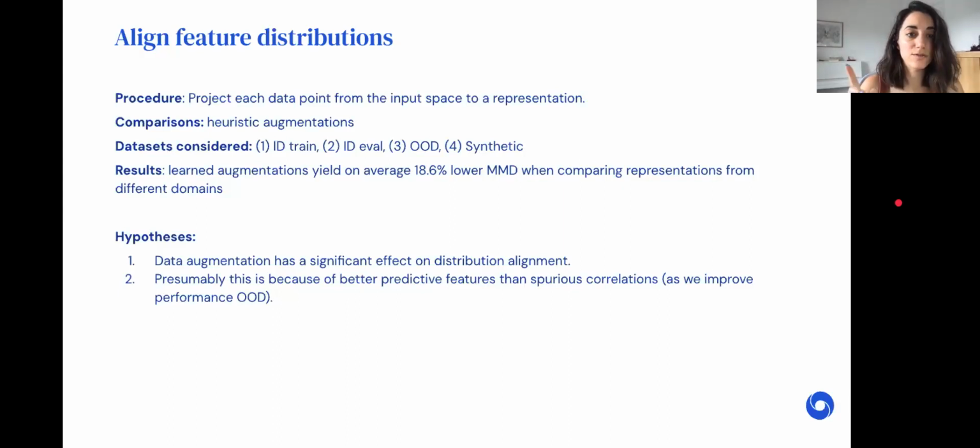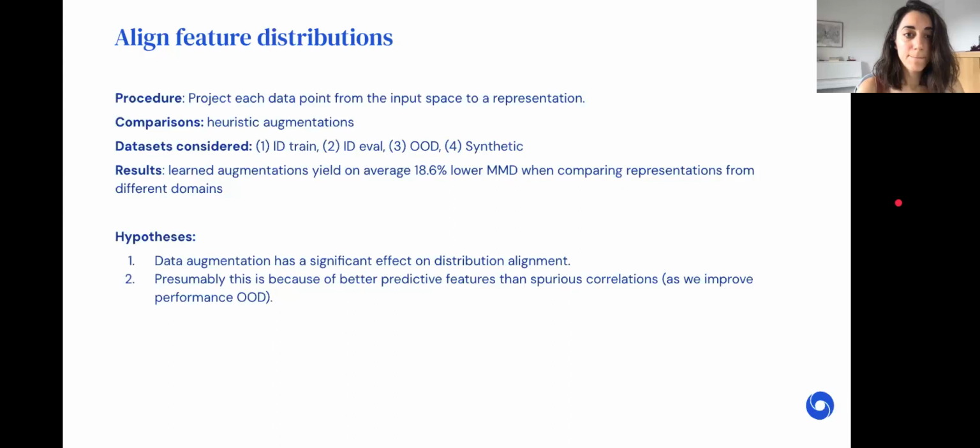And this justifies the improvement on out-of-distribution performance by learning better predictive features rather than capturing spurious correlations. And that generated data helps the model to better match different domains by attenuating the overall discrepancy between domains.